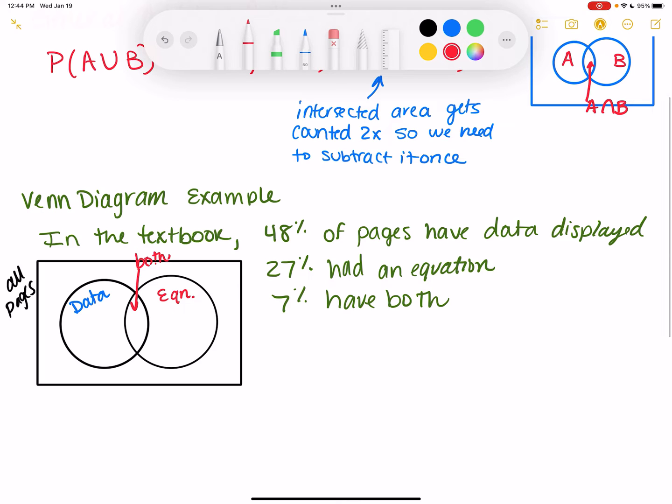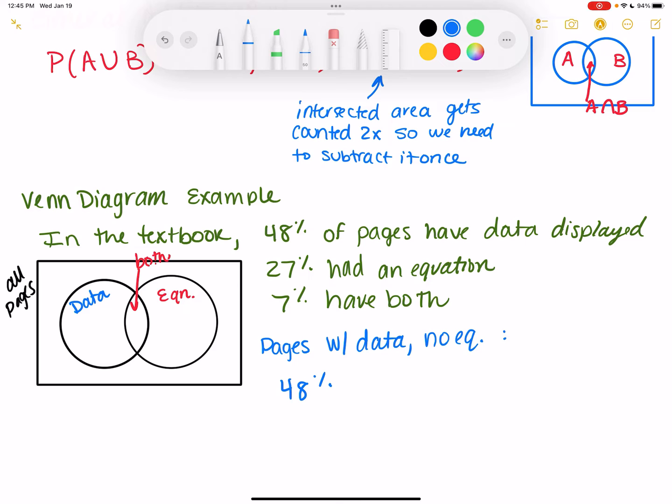So for the data, we're going to look at the pages with data and no equation. So 48% have data. But we said 7% have both, so we need to remove that 7% from the 48.